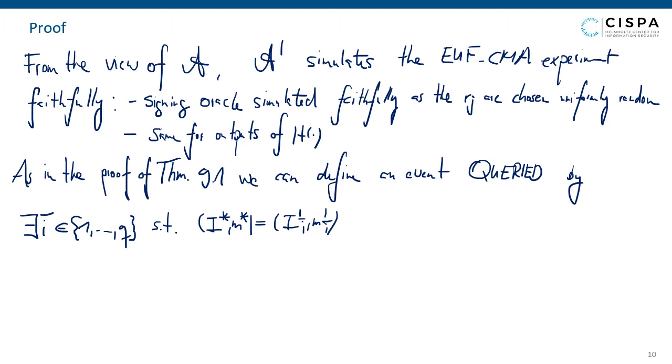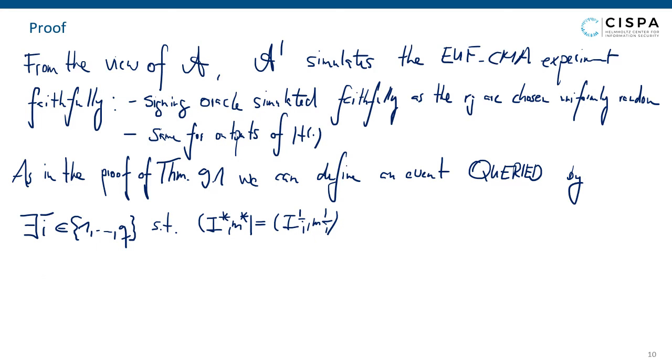So this is just the event that there is an index ī of a random oracle query which the adversary is later going to use in his forgery. We can argue that if this event queried does not happen, then the adversary only has negligible probability of winning this experiment.